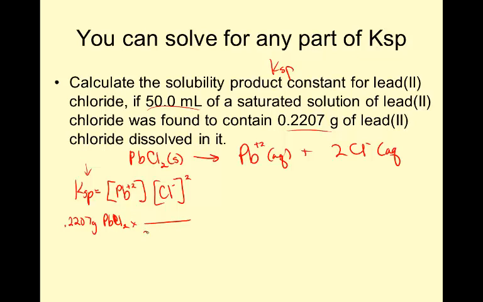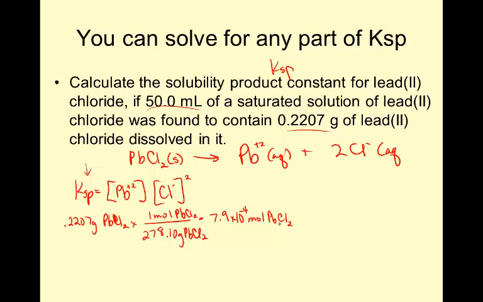So I go to periodic table, I get 278.10 grams of lead chloride for every 1 mole of lead chloride, and I get 7.9 times 10 to the negative 4th moles. All right, and that's moles of lead chloride. All right, but what do I need to plug in here? I need to plug in the concentration of lead ions and the concentration of chloride ions.